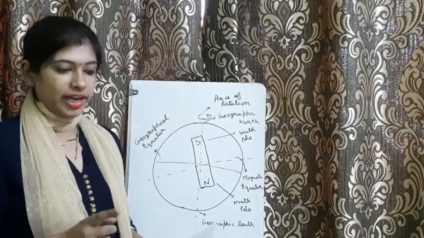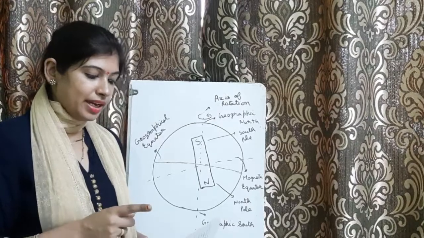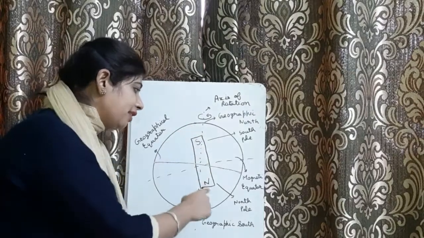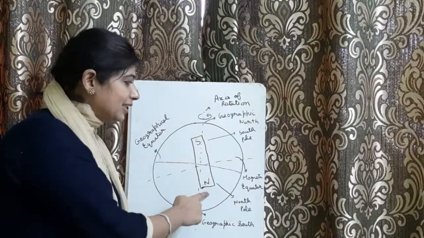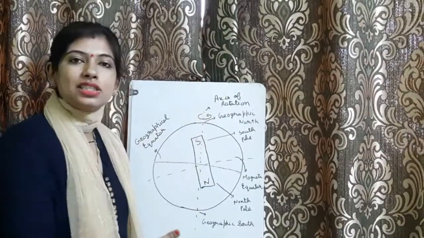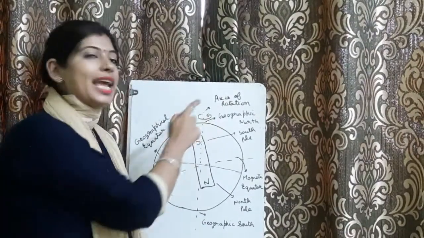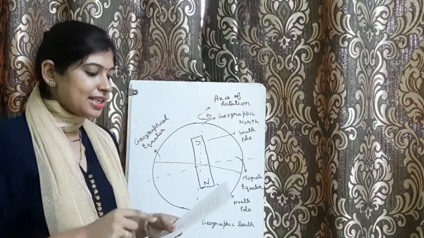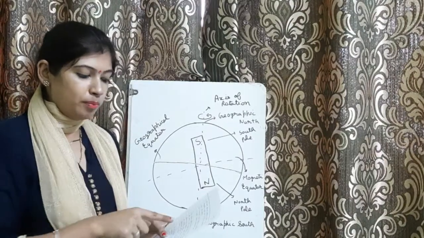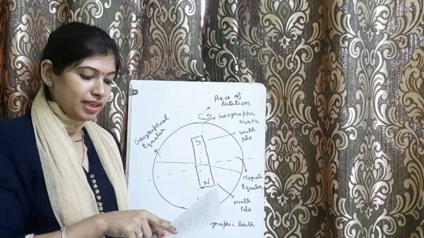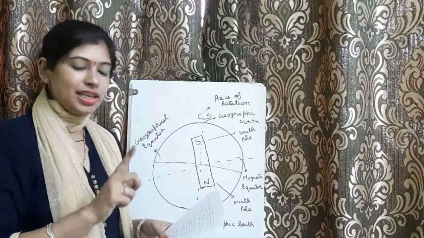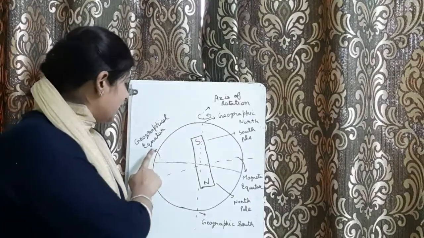The south pole is in the northern hemisphere and the north pole is in the southern hemisphere. Now the line joining the magnetic north and magnetic south pole is known as the magnetic axis of Earth. The line which passes through this south pole and this north pole is known as the magnetic axis of Earth, and the axis through which the Earth rotates is known as the axis of rotation of Earth. Next, the plane perpendicular to the magnetic axis of Earth, passing through the points where the magnetic needle is parallel to Earth's surface, intersects the spherical surface in a circle known as the magnetic equator.